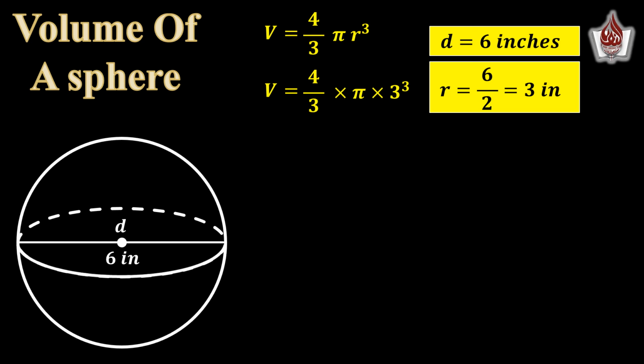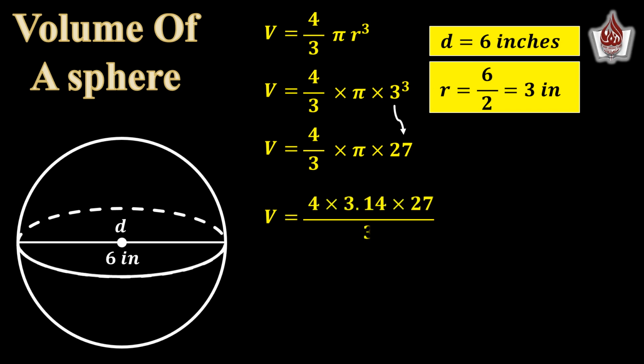So volume equals 4/3 times pi times 27 inches. Okay, now volume equals 4 times the value of pi, which is again 3.14, times 27, all divided by 3.